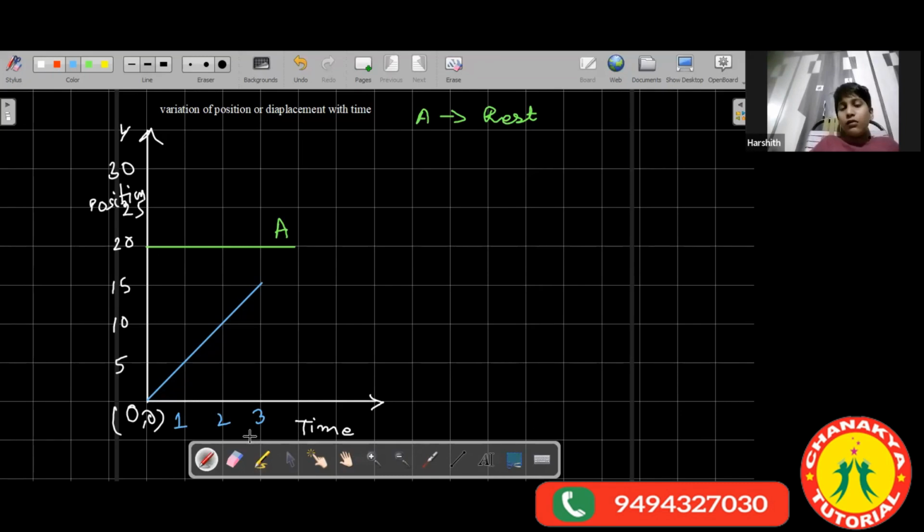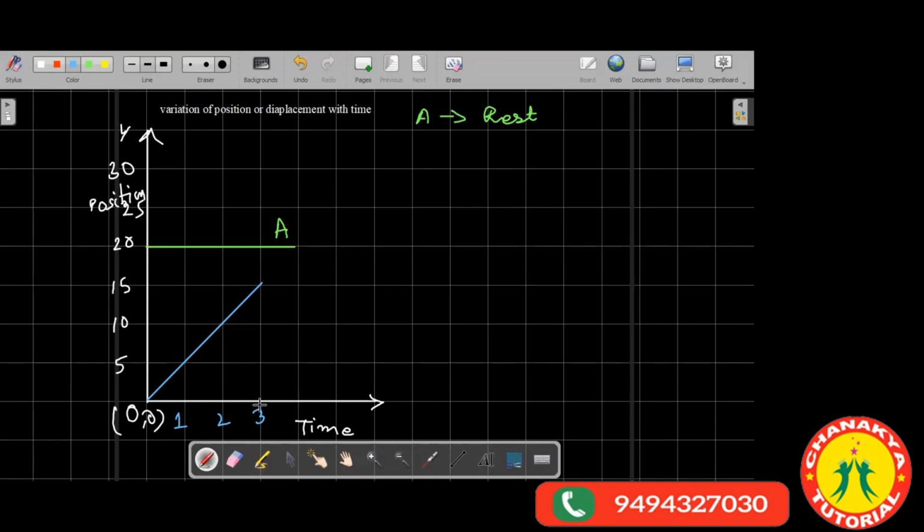We observe here that in every second, for example in the first second, there is a change of position by 5. In the next second, there is again a change of position by 5, and again by 5. So in every second the position changes by 5. The object covers equal displacements in equal intervals of time.